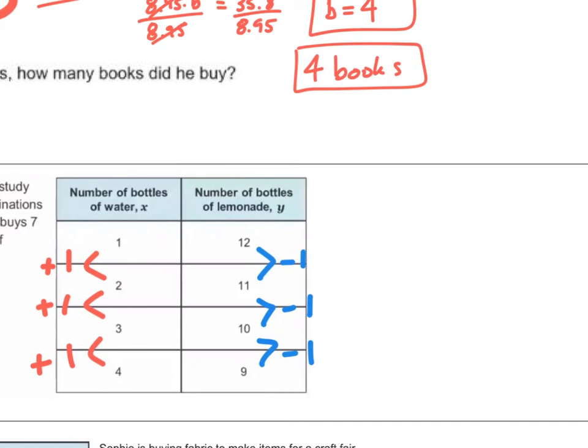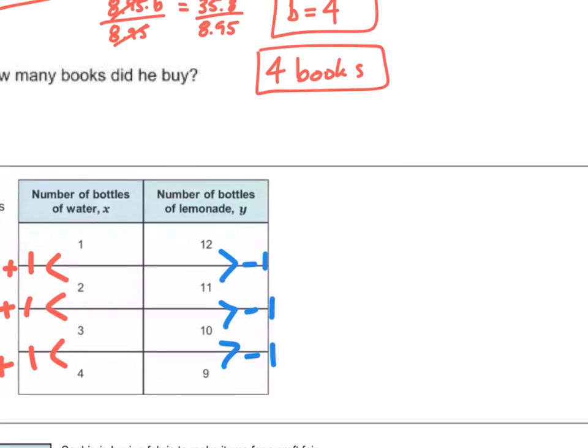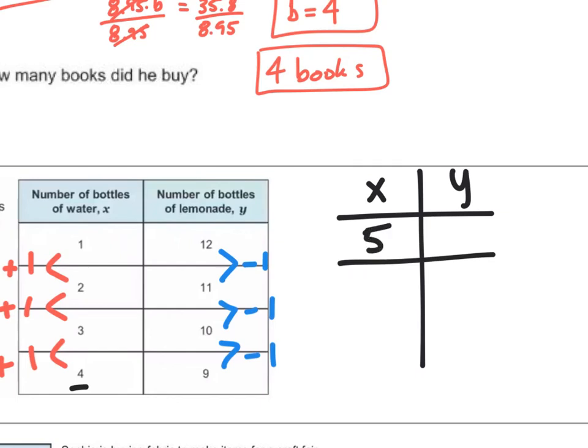So let's just continue this table. And I'm going to do X and Y. Okay? And my next number was 5. Okay, so I add 1 to 4. I'm going to subtract 1 from 9, and that's going to give me 8. Okay, if I have 6 bottles of water, then that means that I have 7 bottles of lemonade.